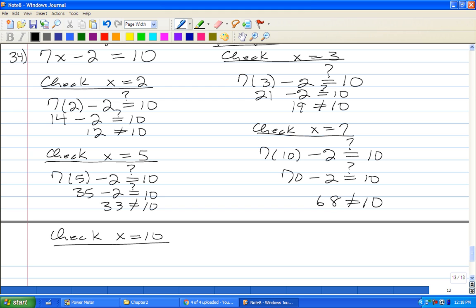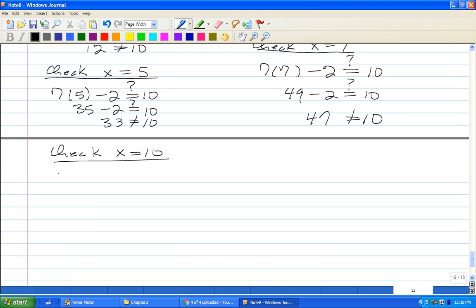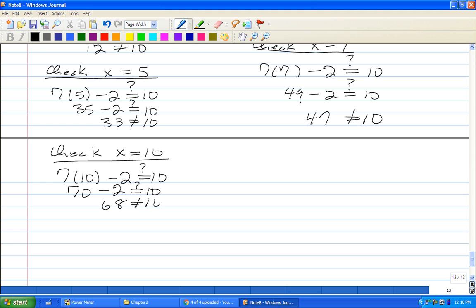Let's check if x equaling 10 is a solution. And so is 70 minus 2 equal to 10? No, 68 is not equal to 10.